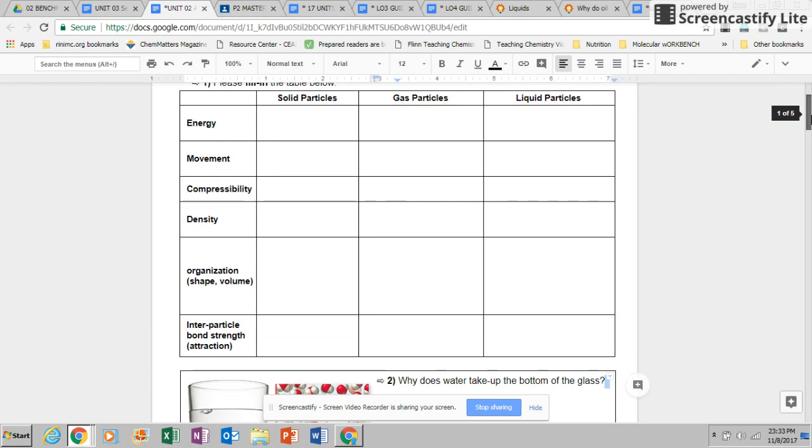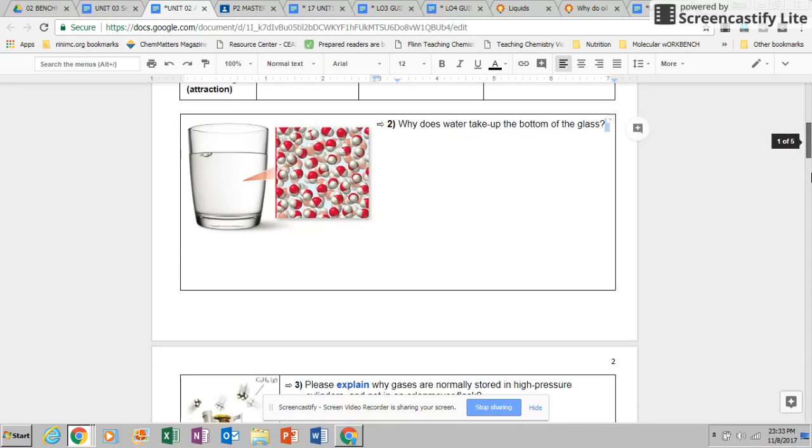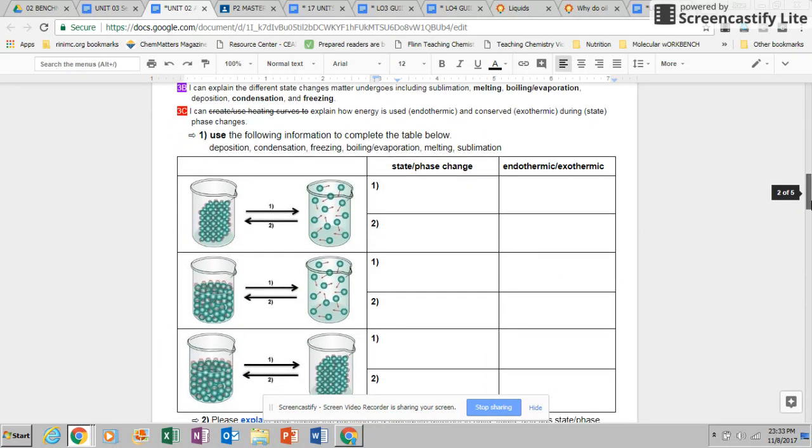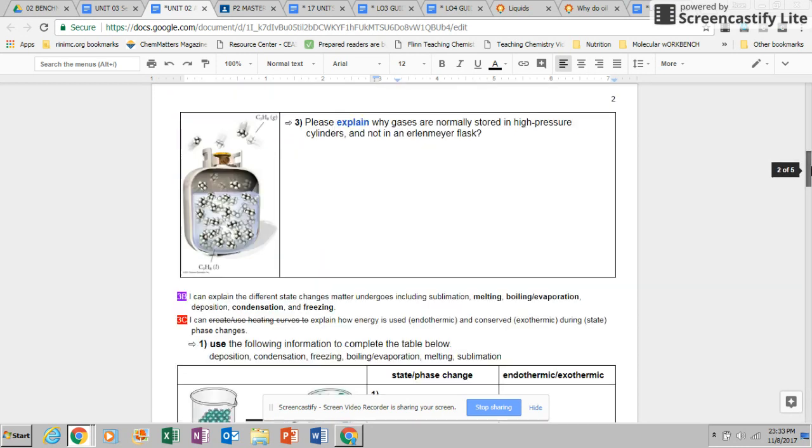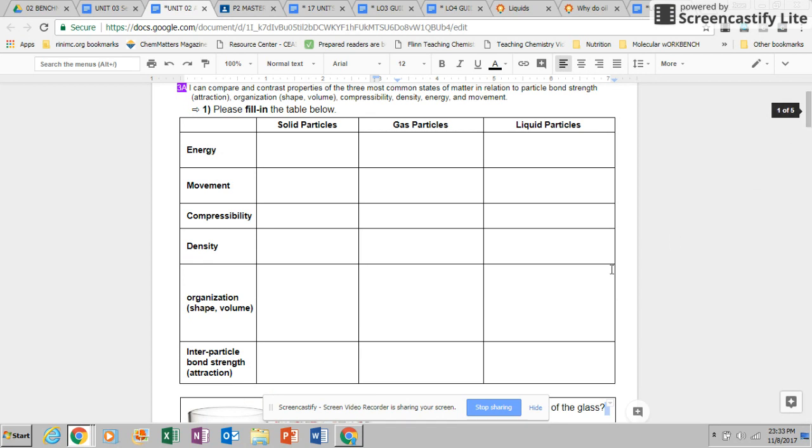Okay, liquid particles. Liquid particles are sort of moderate as far as energy goes. Movement, a little random, but they can't go wherever they like because they don't have that much energy. So what they do is liquid particles are close, but they have enough space where they can slide past each other and move that way.